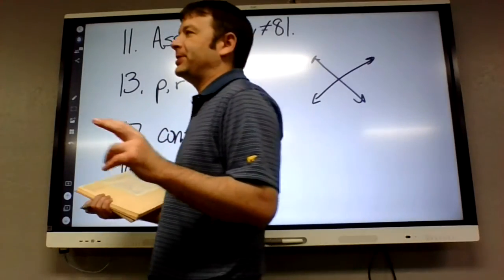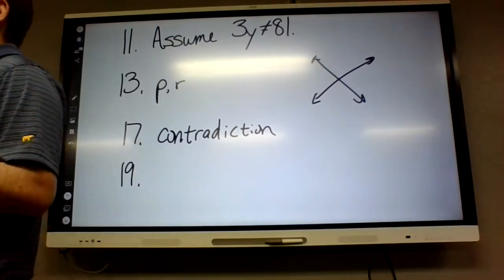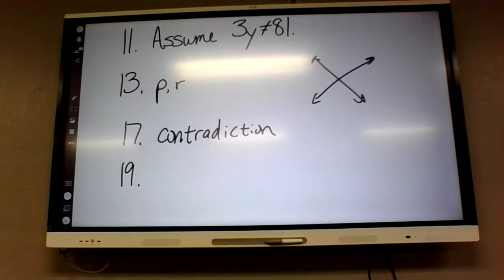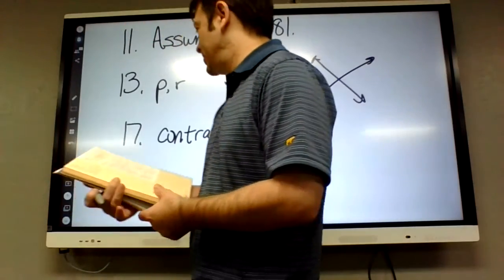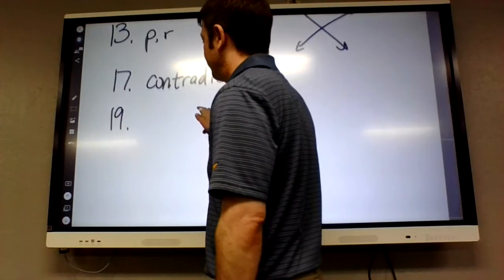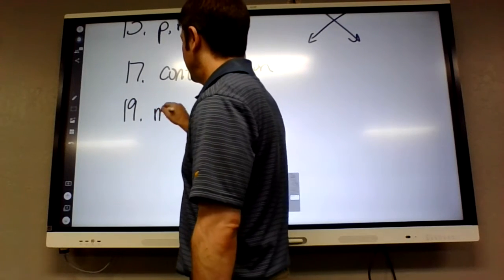What's isosceles mean? Two equal sides. Okay, but we never said only two equal sides. So in other words, two equal sides doesn't mean it can't have three equal sides. So that's kind of a trick question. But anyway, it's not a contradiction.